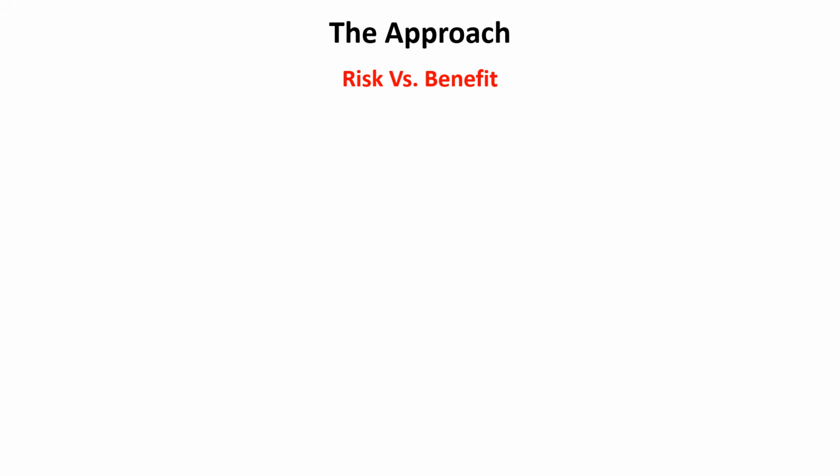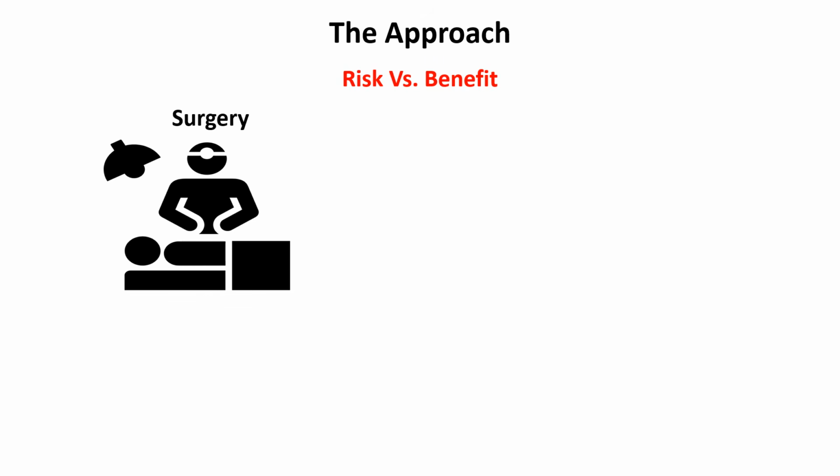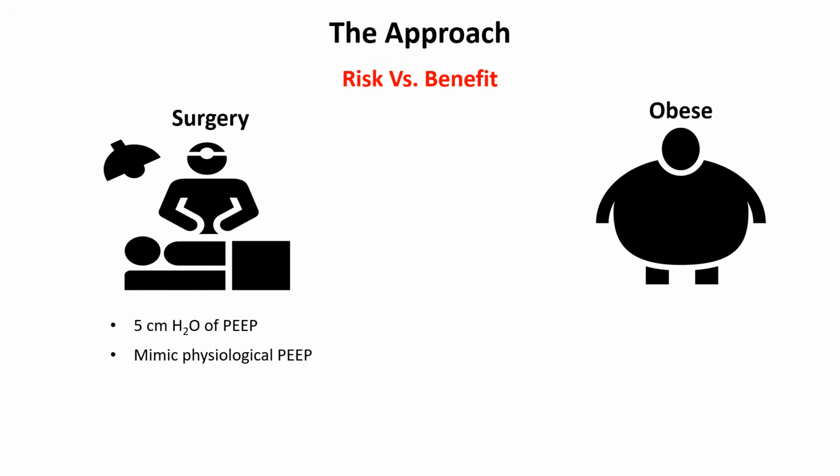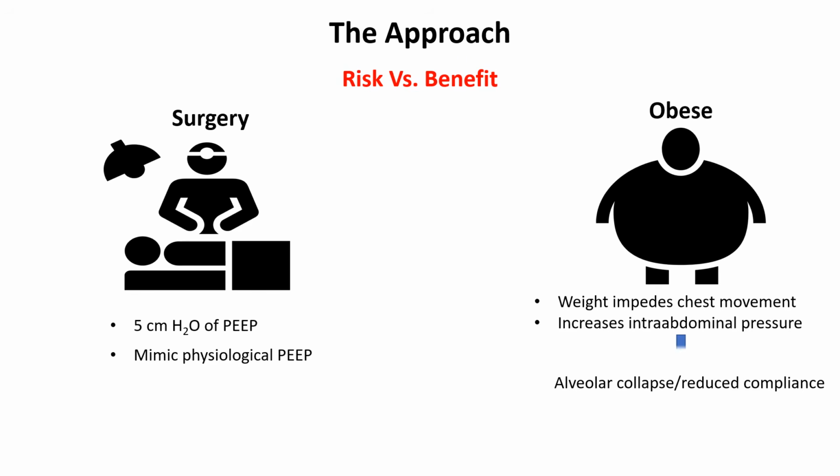For normal patients undergoing surgery, PEEP of 5 cm water is usually used to mimic the physiological PEEP of normal spontaneous breathing. In obese patients, excessive chest wall weight reduces lung compliance and increases the tendency for alveolar collapse. So, higher PEEP is beneficial in these patients to maintain alveolar recruitment and counteract the increased intra-abdominal pressure.